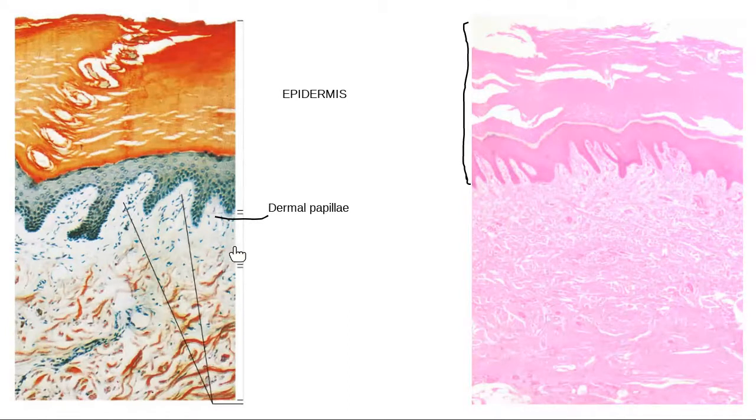So this up and down weaving pattern where the dermis goes up and meets the epidermis, and then it goes back down and goes back up. Papillae literally means fingers. So we've got these little fingers that are sticking up in here, dermal papillae. That helps us to remember that the next layer of the skin is called the papillary layer of the dermis.